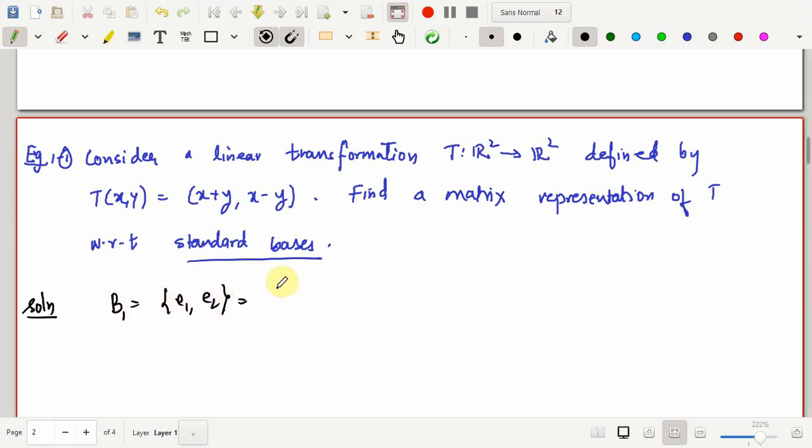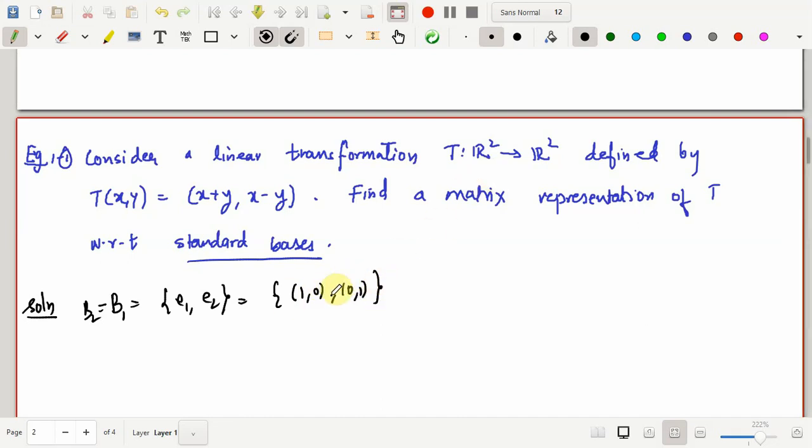I hope you all know what e1 is. e1 is the vector in R2 wherein the first coordinate is 1 and all the rest are 0. So this is 1 comma 0 and 0 comma 1, right?